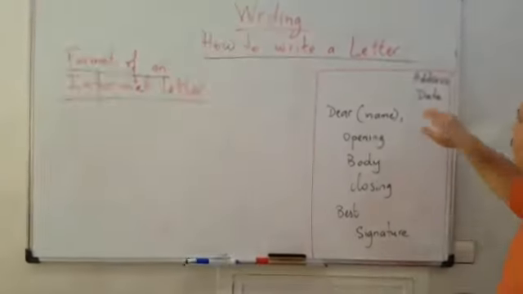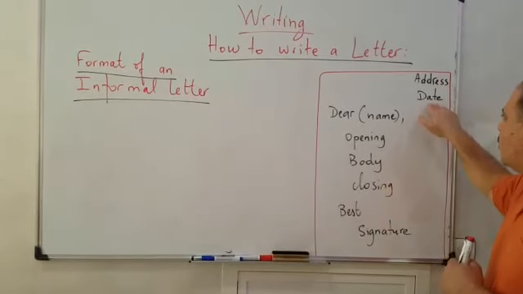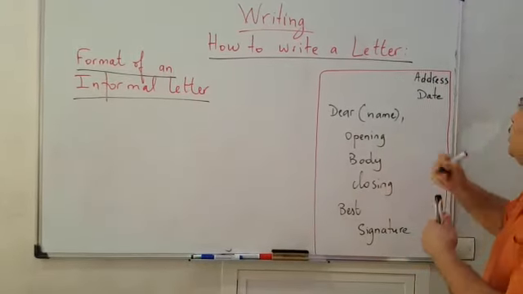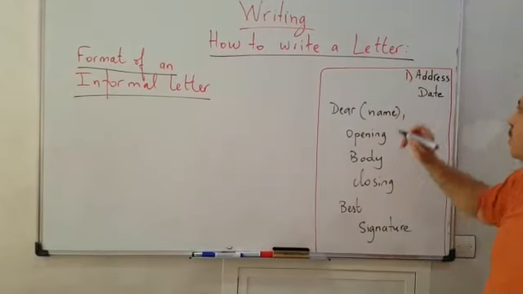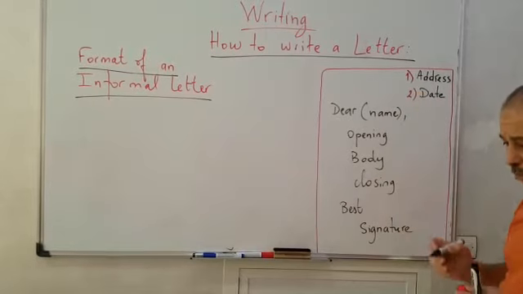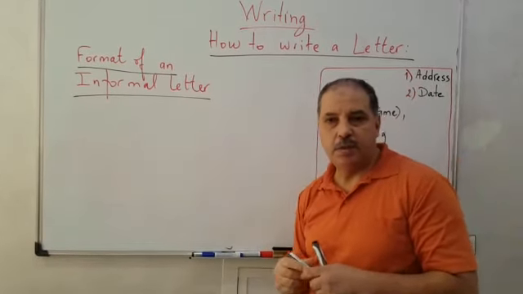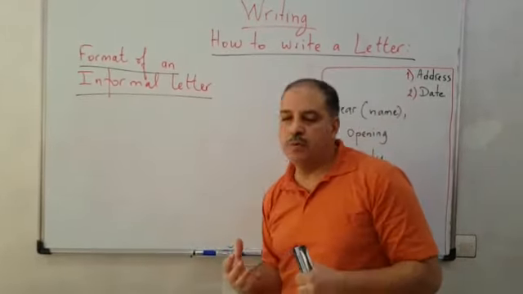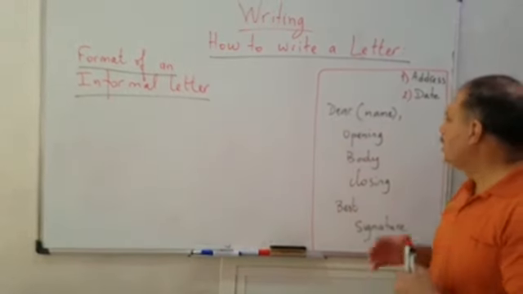Then when you finish your address, write the date. So we can put some numbers. This is the first step. Number two, write the date on which you write this letter.